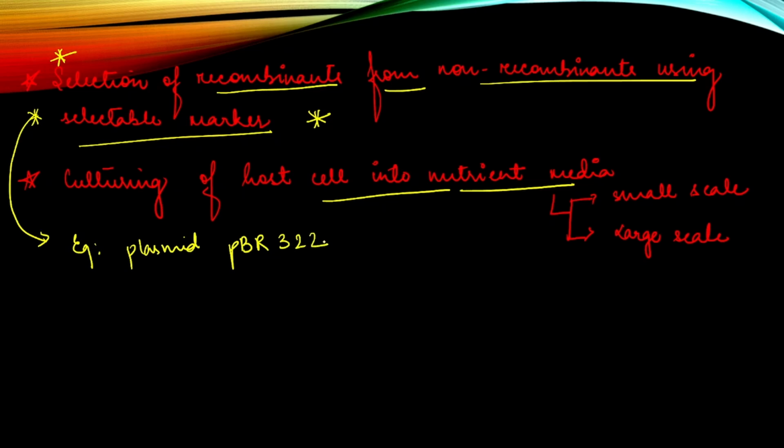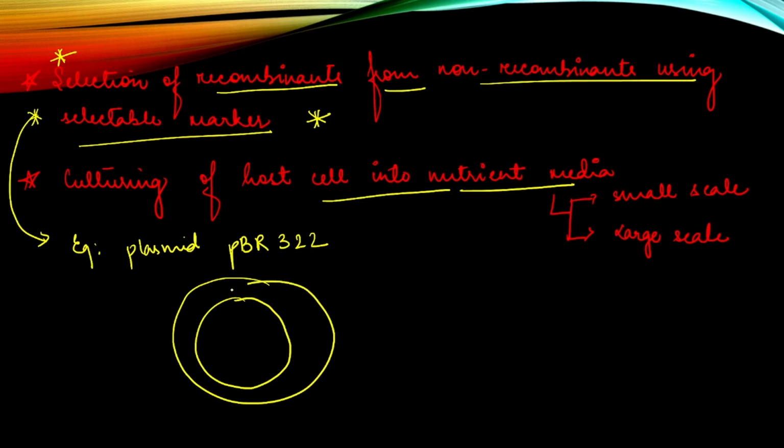Say this is the plasmid. This part is a gene we call TET-R, which means this gene gives resistance to tetracycline. And this is a gene resistant to the antibiotic ampicillin. It shows ampicillin resistance, and TET-R means tetracycline resistance.